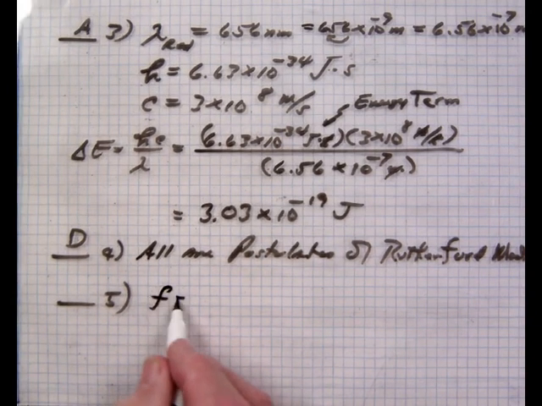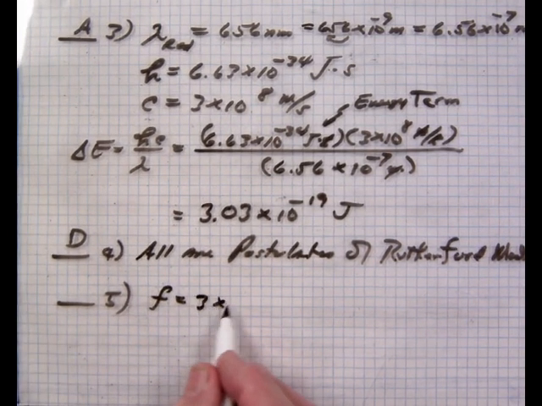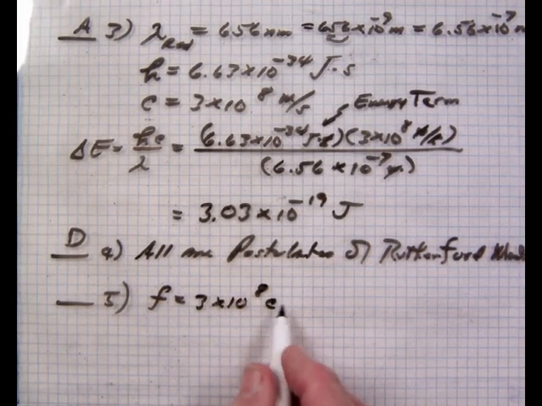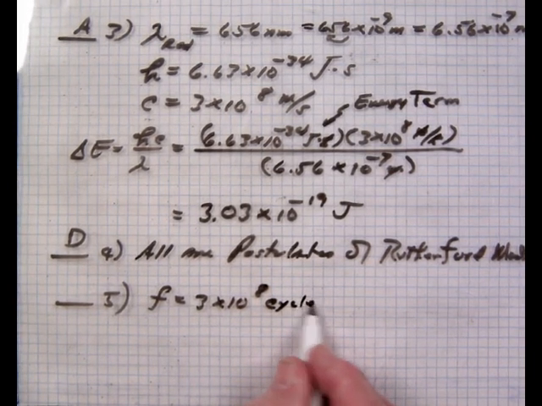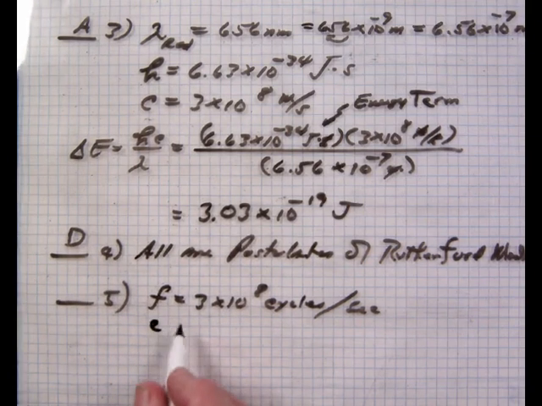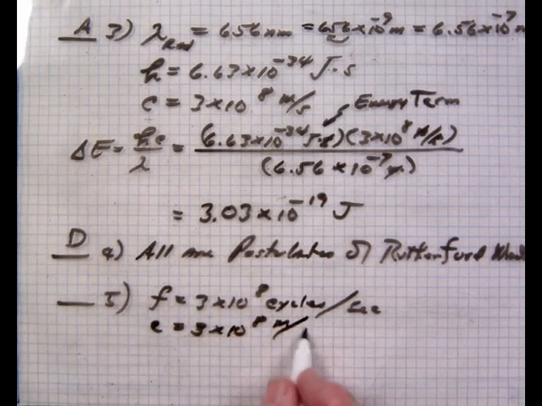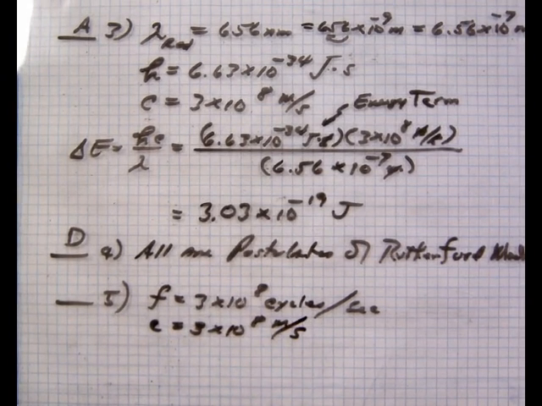Okay, and finally, what's the wavelength of a photon of electromagnetic energy having a frequency of 3 times 10 to the 8 cycles per second, or hertz, and a speed c equal to 3 times 10 to the 8 meters per second? What's the wavelength?